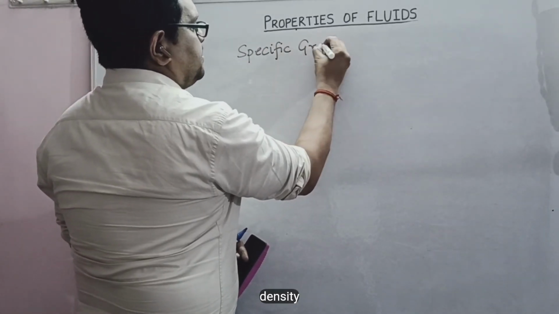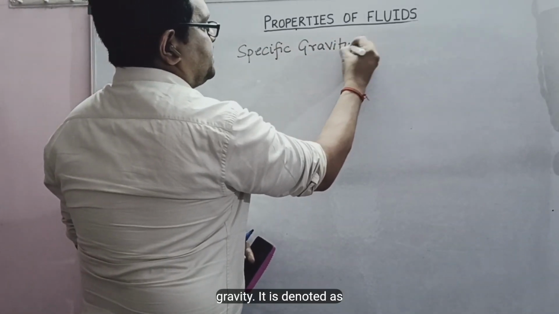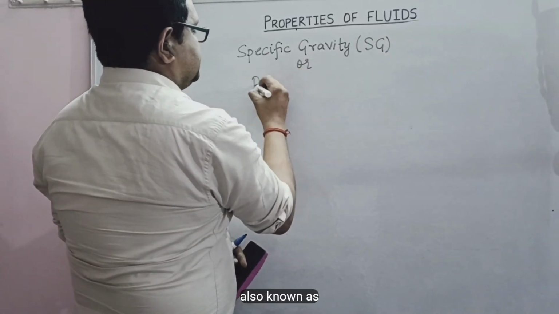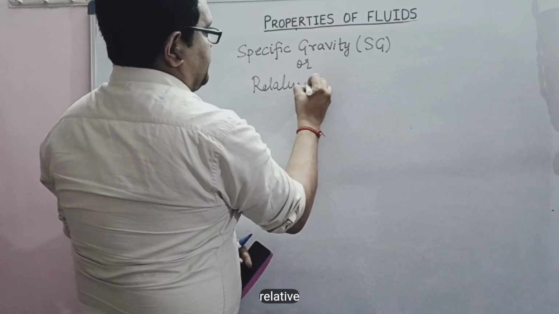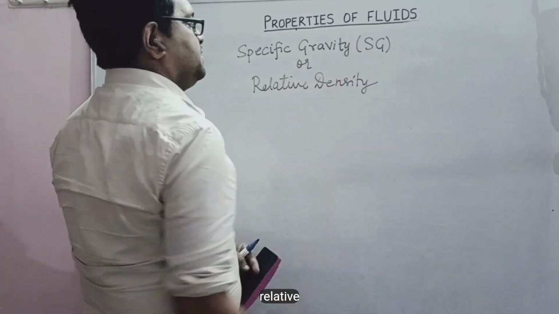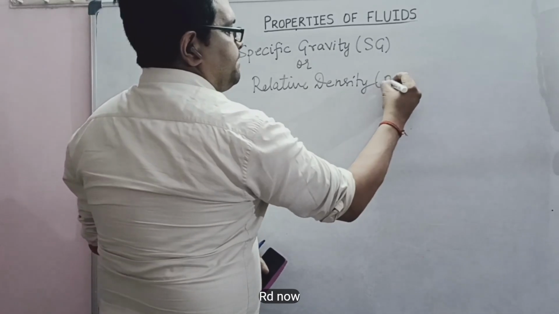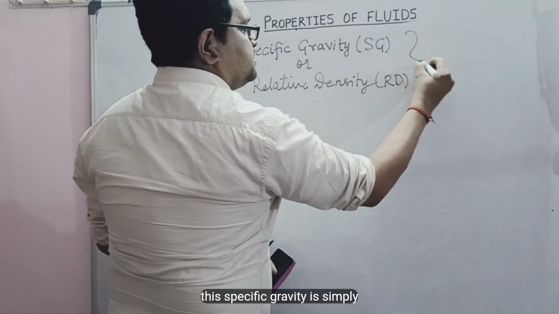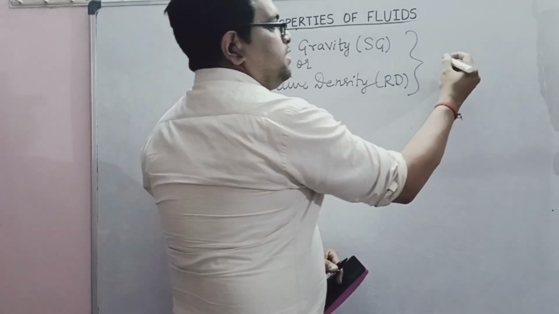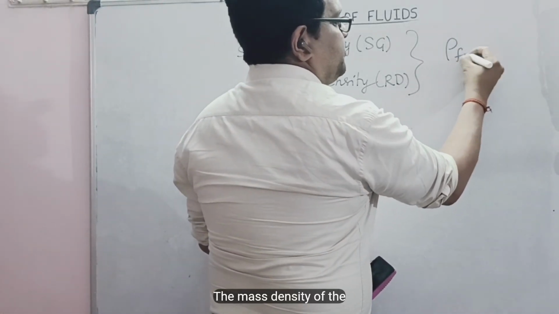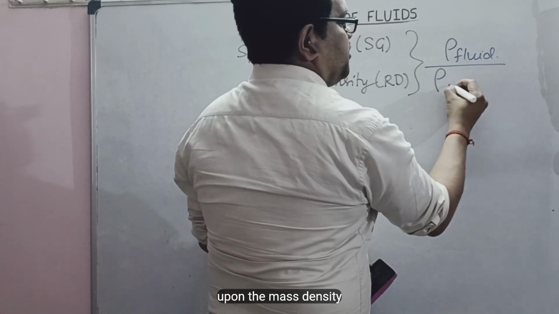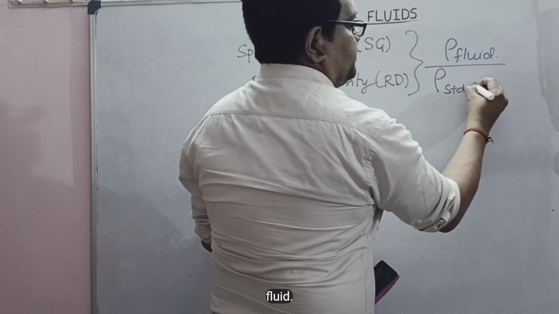Specific gravity is denoted as Sg, or Rd. Now, this specific gravity is simply defined as the ratio of the mass density of the fluid upon the mass density of a standard fluid.